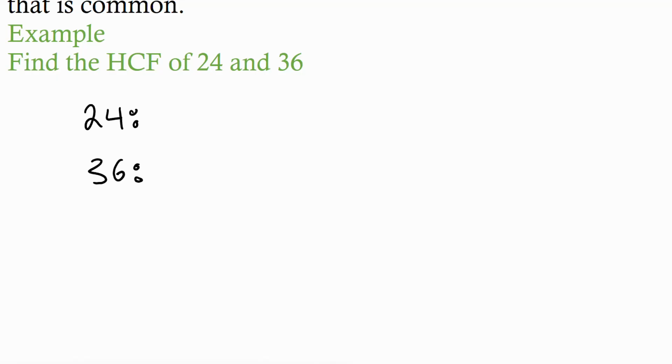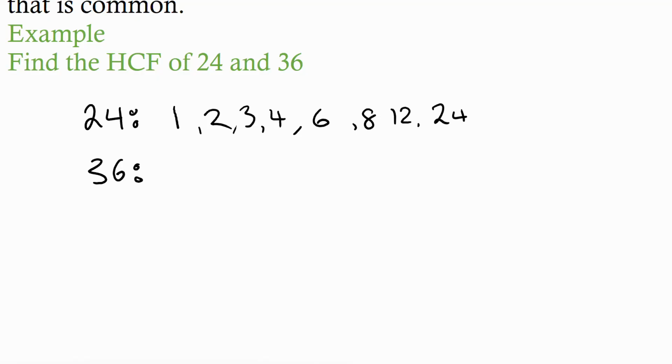So a good way to start this is go, all right, well, what numbers multiply together to give me 24? So I can go 1 and 24. Then we have 2 and 12. I have 3 and 8. And I have 4 and 6. All right, so those are my factors.